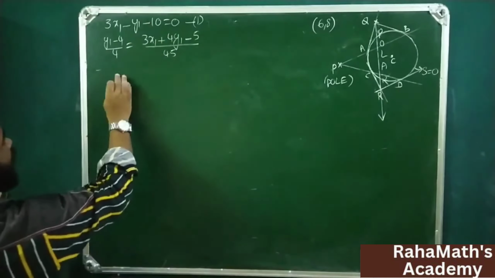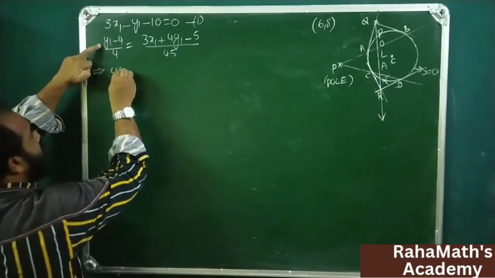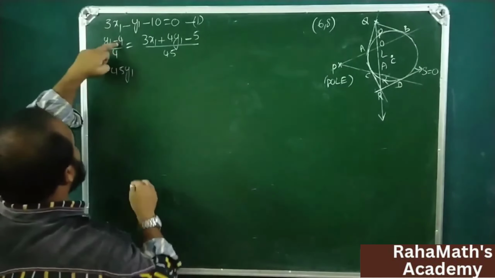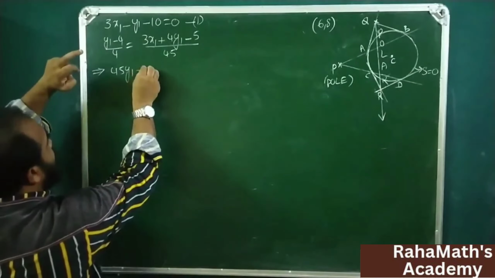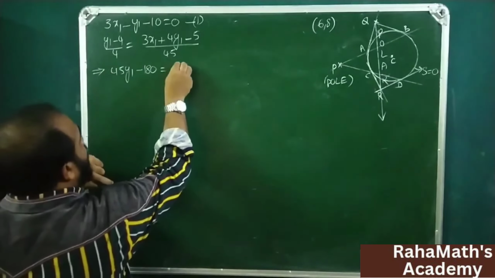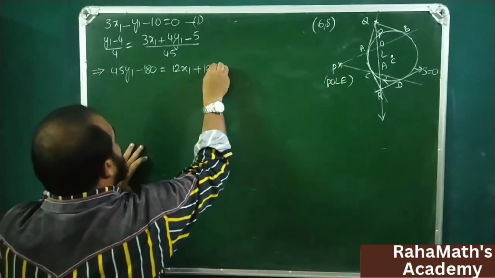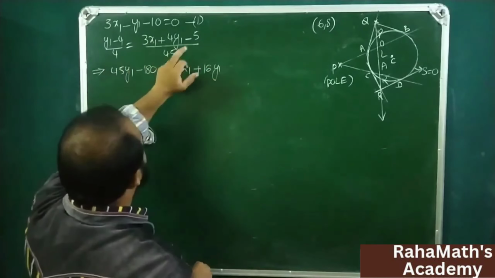Okay, now see this, 45 y1. 45 fours are 180, equals 4 3s are 12x1, 4 4s are 16y1, and 4 5s are 20.